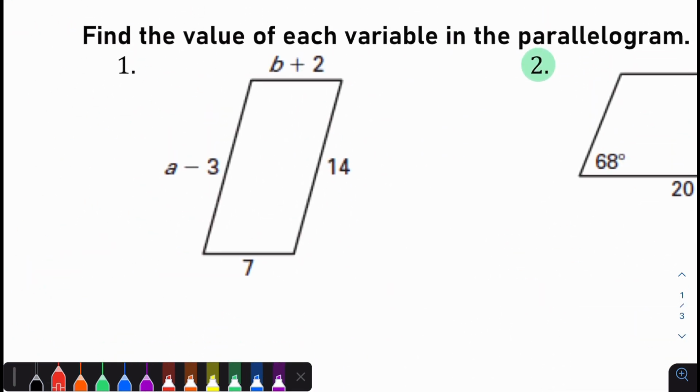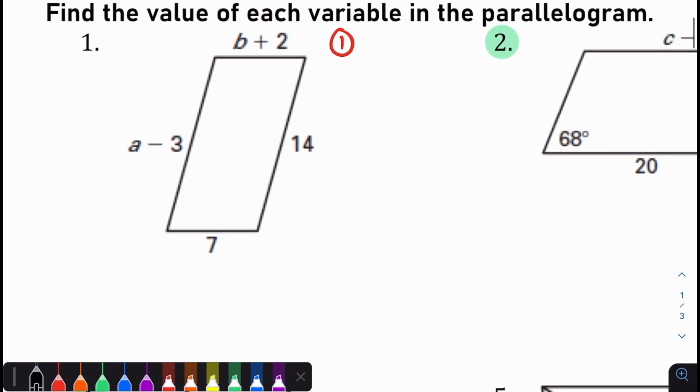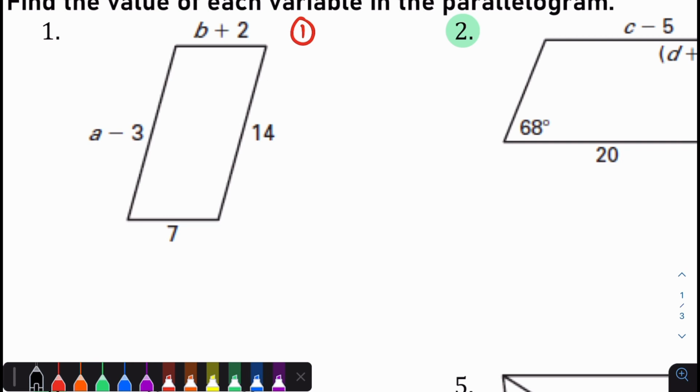So I'm going to denote that with a little red 1 up here. So we know that a minus 3 equals 14. I'm going to add 3 to both sides. And a equals 17.